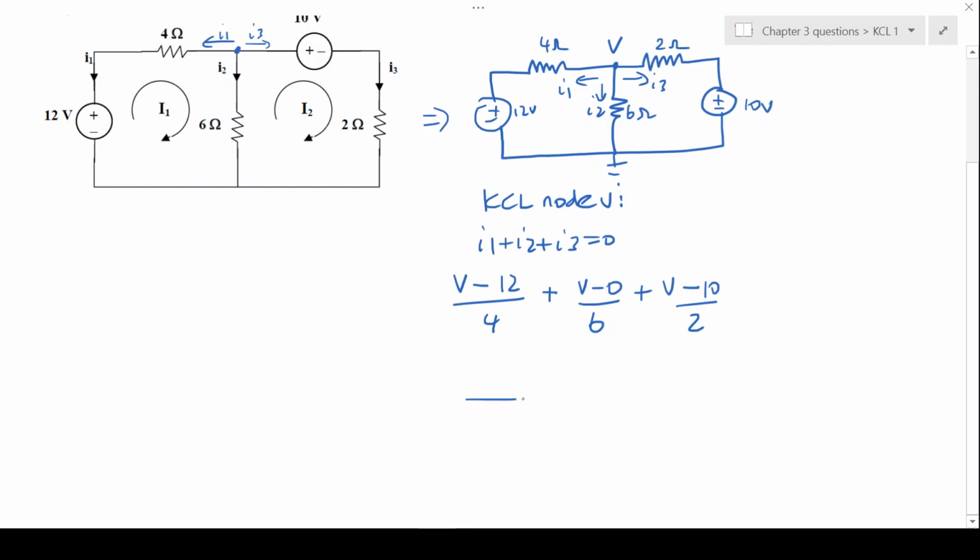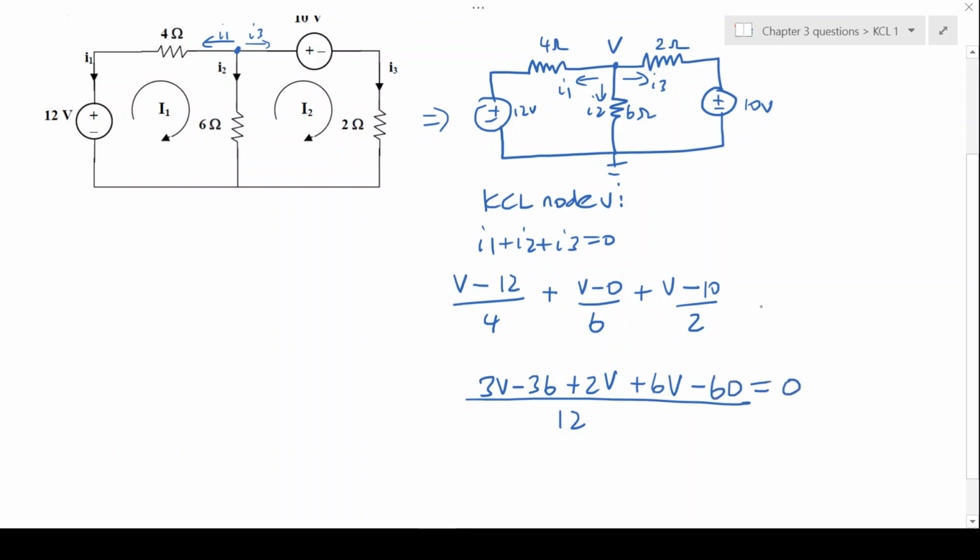The common factor between all of them, 6, 4 and 2, is 12. So 4 into 12 is 3, so that will be 3V minus 12 times 3, which is 36, plus 6 into 12 is a factor of 2, so plus 2V, plus 2 into 12 is a factor of 6, so plus 6V minus 10 times 6, which is minus 60.